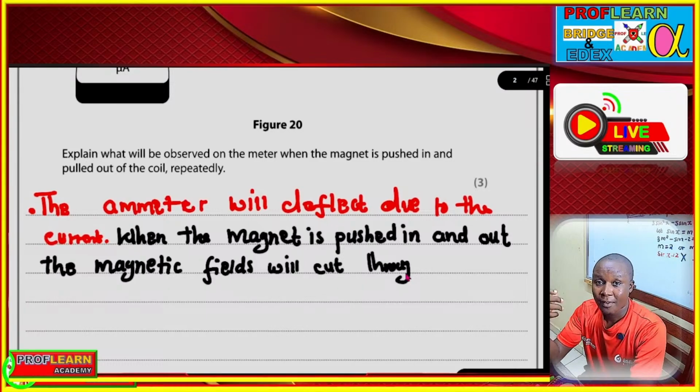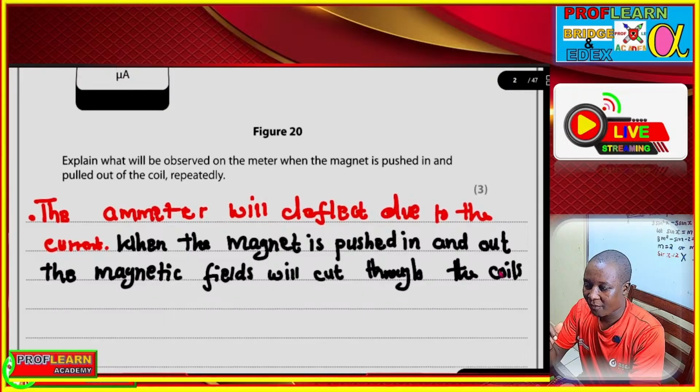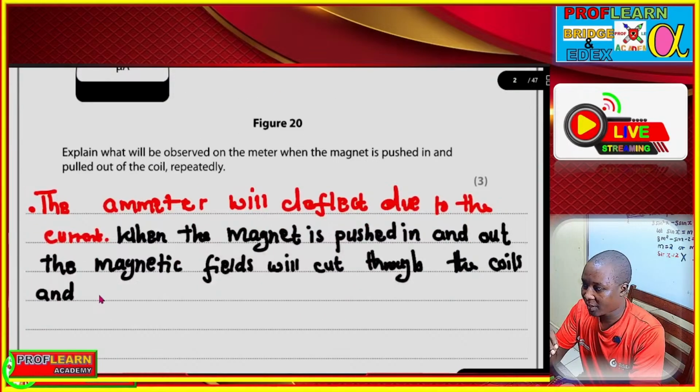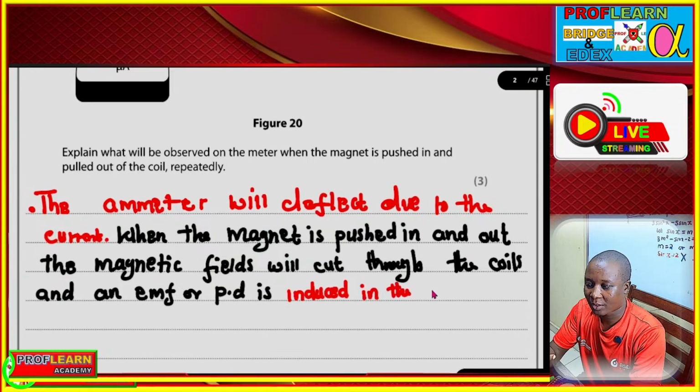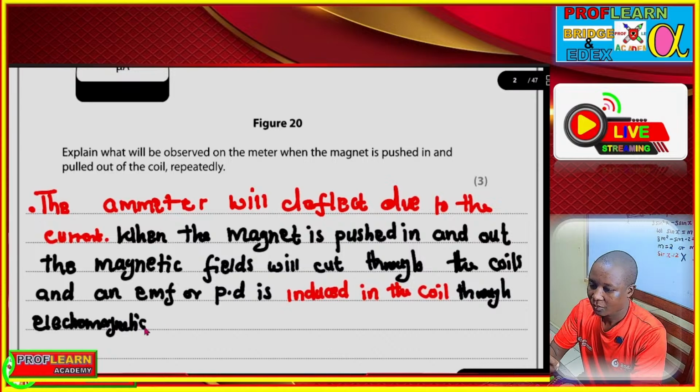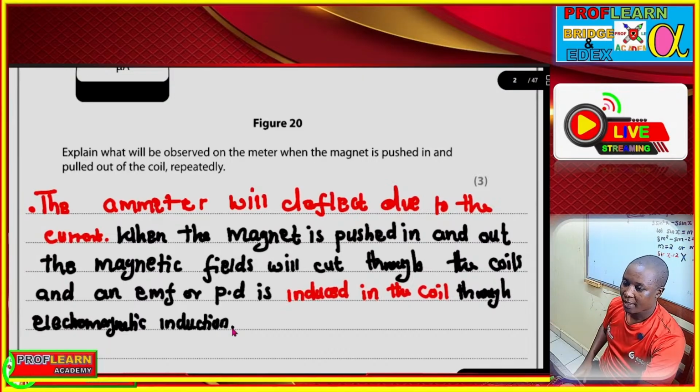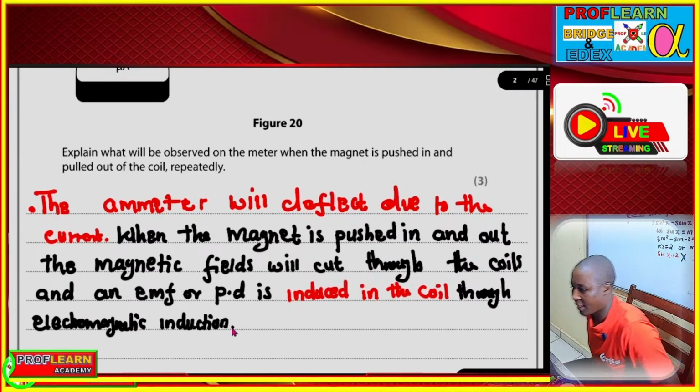And when the magnetic fields cut through the coil, an EMF, or a potential difference, is induced in this particular coil, which results in the flow of current. So the EMF is induced through electromagnetic induction.